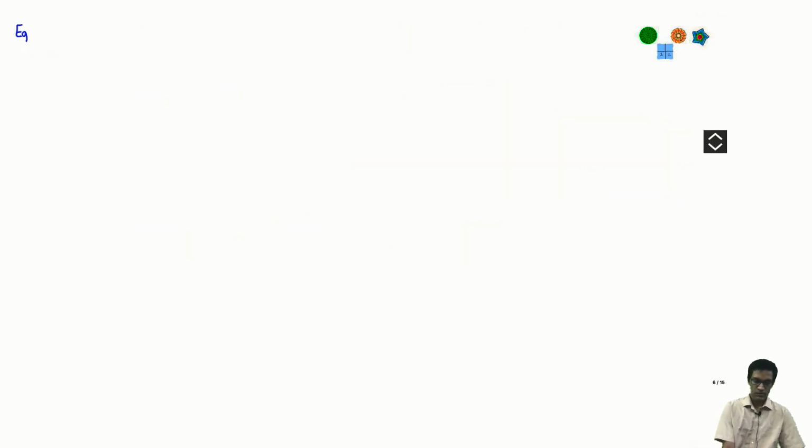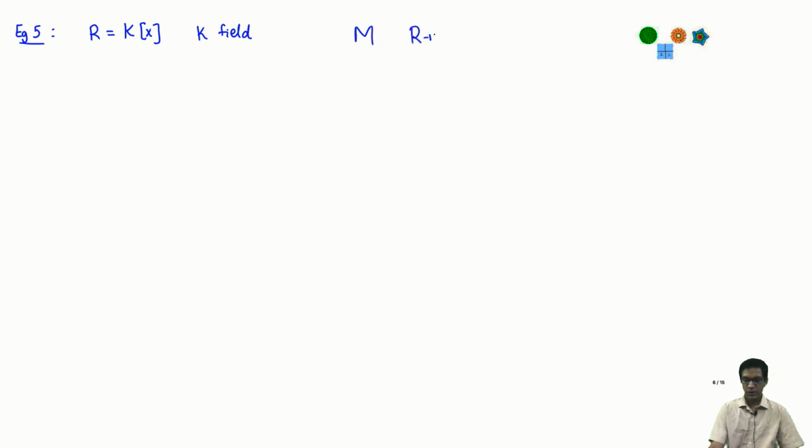Let's do our other standard example, which is the ring K[x] of polynomials in one variable x, where K is a field. And here again, let's say M is an R-module, and recall that modules over the polynomial ring K[x] are the same as having a vector space V together with a linear operator on it.